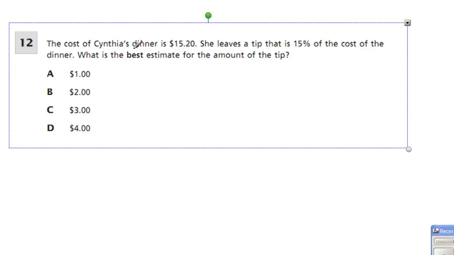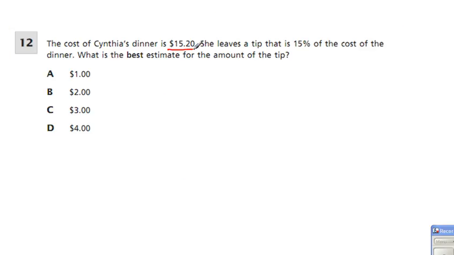Alright, the cost of Cynthia's dinner is this much, and she leaves a tip that's 15% of the original cost of the dinner. What is the best estimate? Since we're looking for an estimate, let's look at it. Here, 15. So we're looking at $15 and 15%.